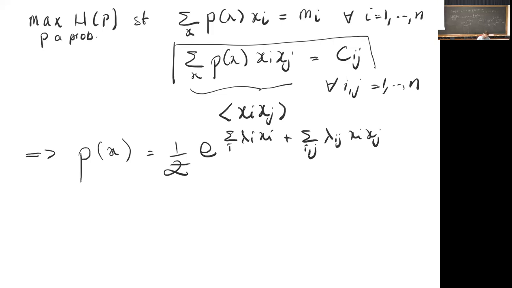And this is minus the Hamiltonian of the Ising model. Wow, that's really cool. Where the lambda ij's are what we call in physics Jij, and the lambda i here are the hi, the local fields. You obtain a disordered Ising model.